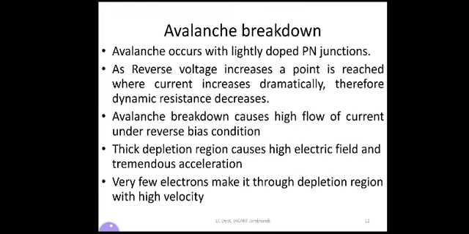As reverse voltage increases, a point is reached where current increases dramatically, therefore dynamic resistance decreases. As the current increases in the reverse direction, the dynamic resistance decreases. Avalanche breakdown causes a high flow of current under reverse bias condition, similar to the Zener breakdown.